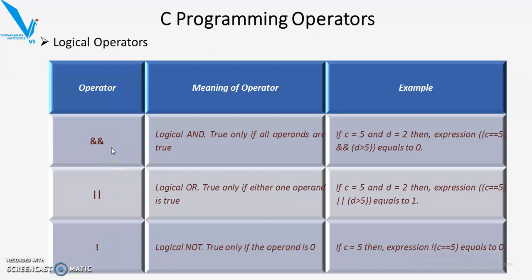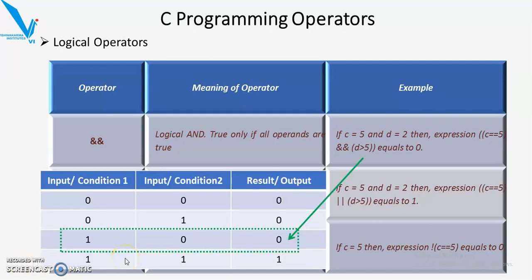Two ampersand symbols represent the logical AND operator. Two vertical lines represent the logical OR operator, and the single exclamation symbol represents the logical NOT operator.